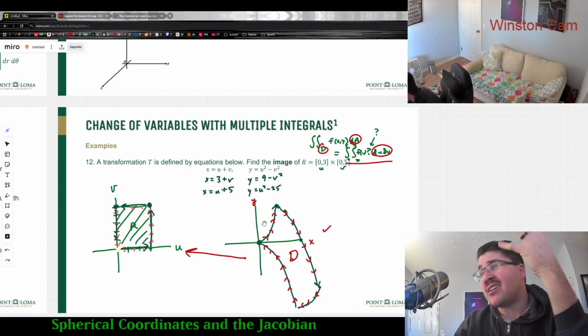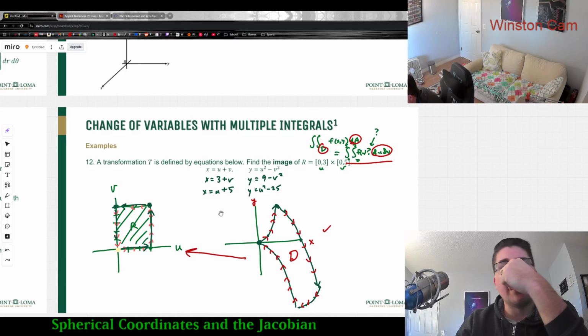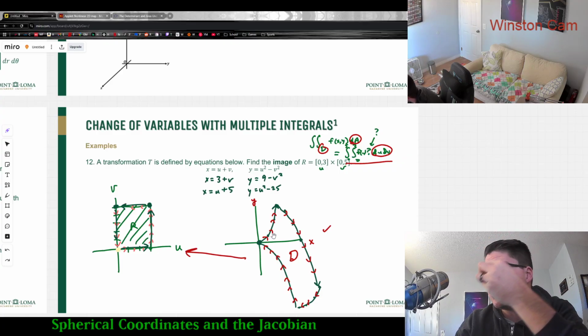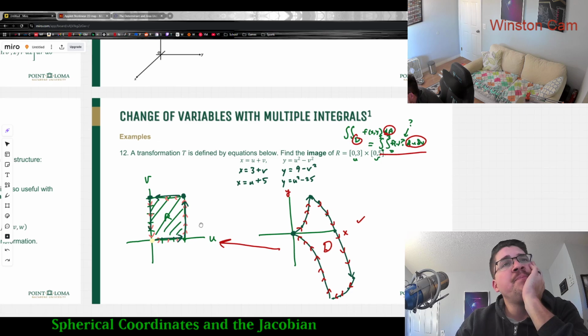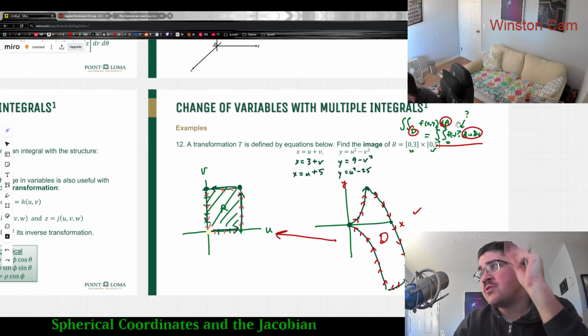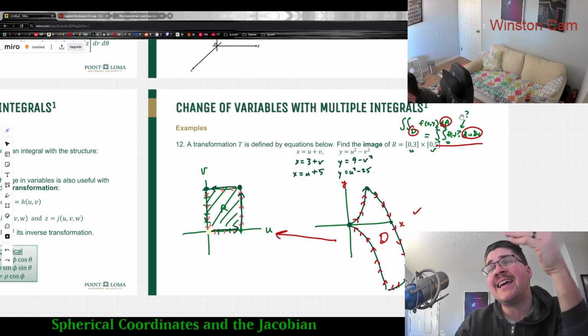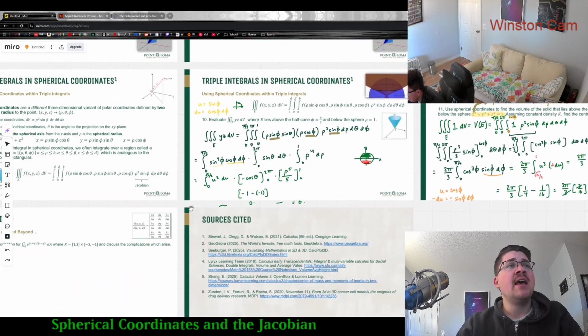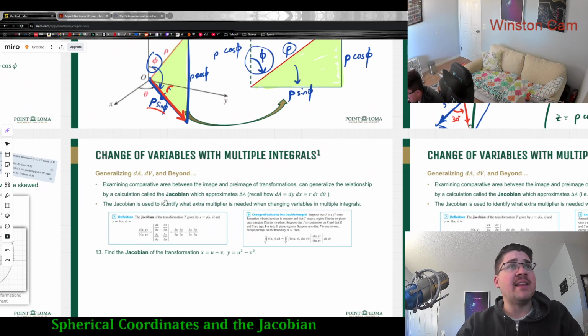With linear transformations, the transformation doesn't change the shape, but it stretches and skews. One idea I was starting to talk about is how we change dA into terms of the new variables. We have to compensate for this change in area between the regions, and all of that is solved by the Jacobian.